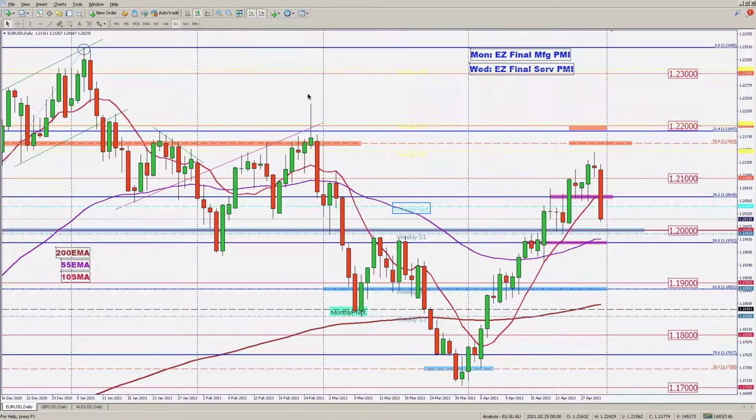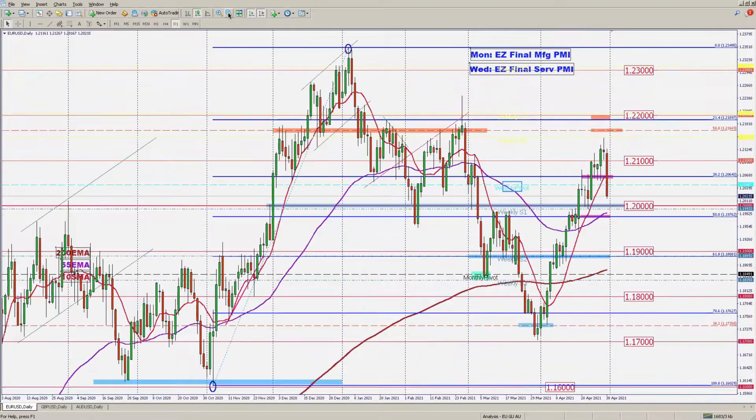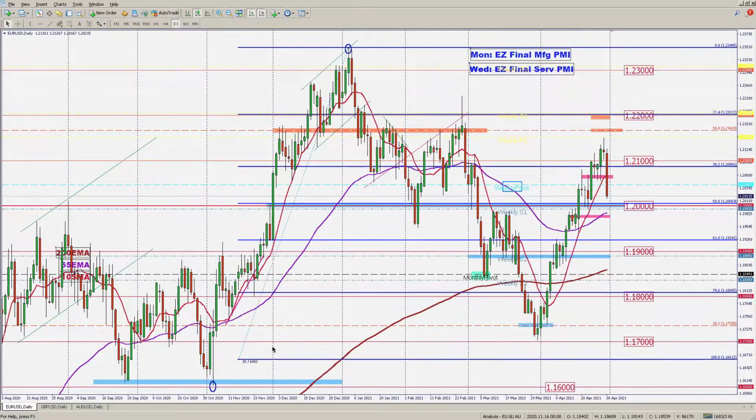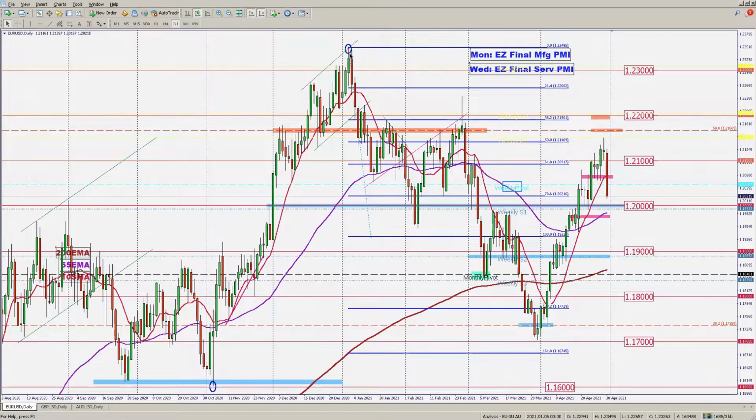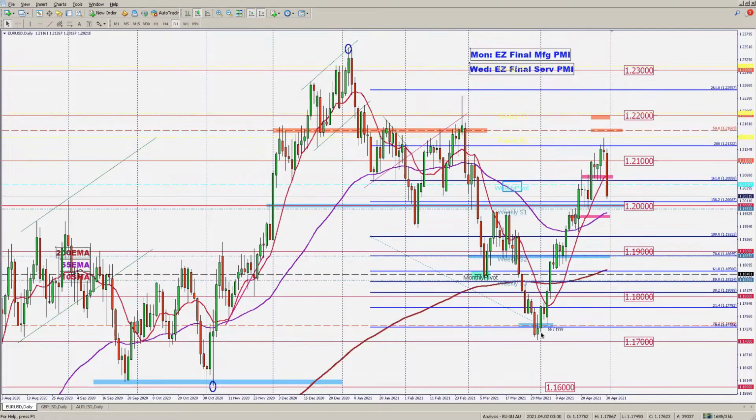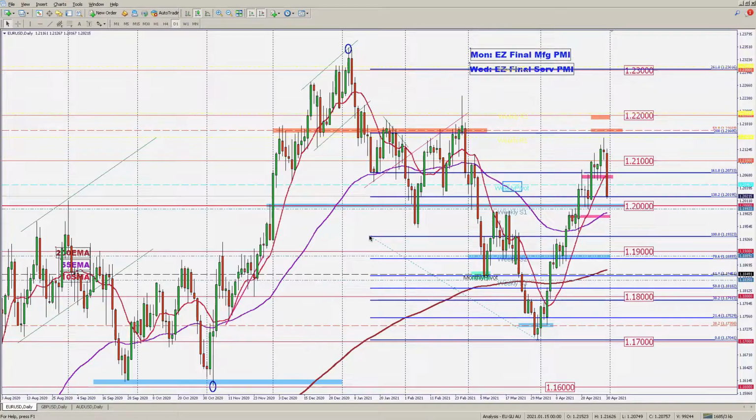Let's go back to the day time frame, and we could see, perhaps we could also shift this fib over as well now, since it was a significant rally up. And let's move this for a retracement.